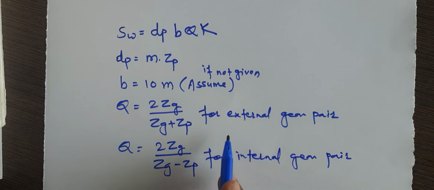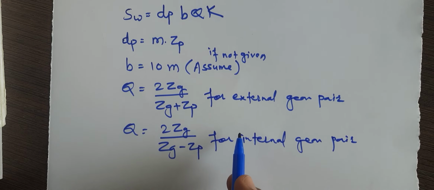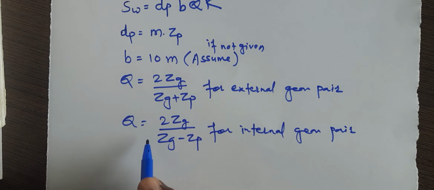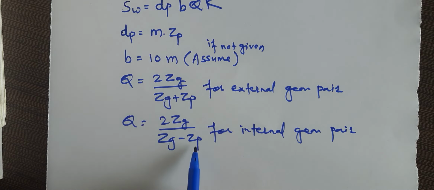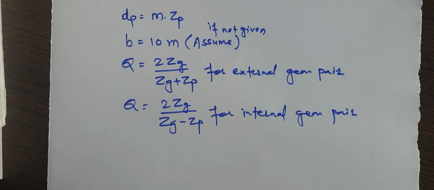So according to the external or internal gear pair, you have to select the formula of q. So two formulas are there for q.